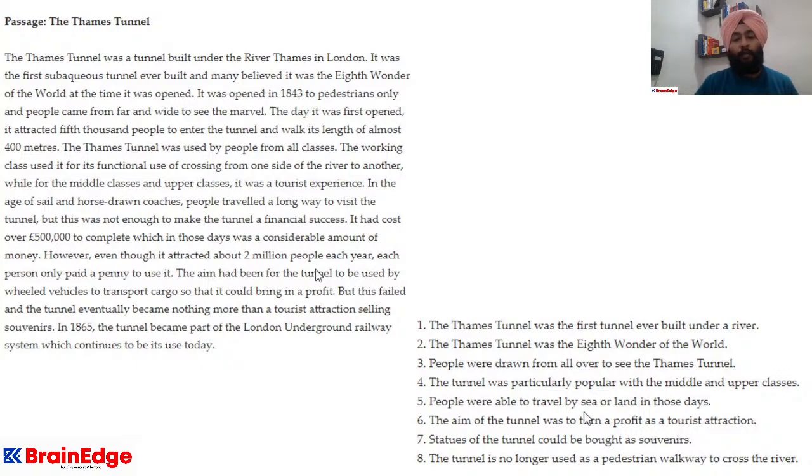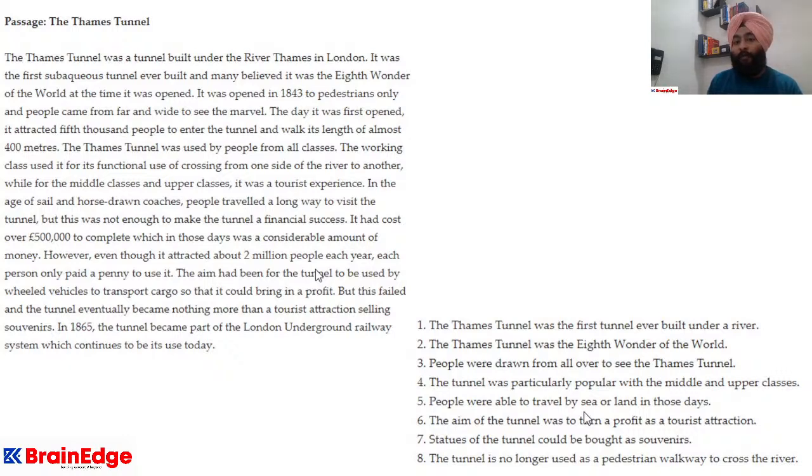Okay, moving to the next question, number 5. People were able to travel by sea or land in those days. They could voyage through sea, through water, and through land. It was a tourist experience in the age of sail and horse-driven coaches.